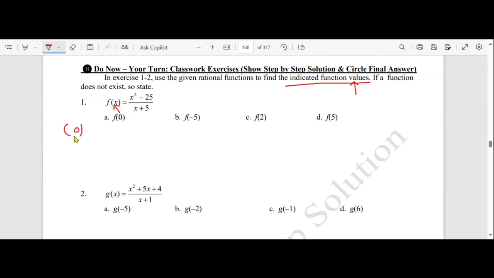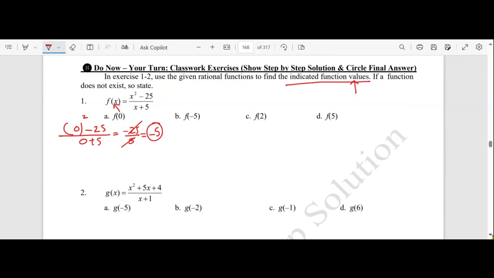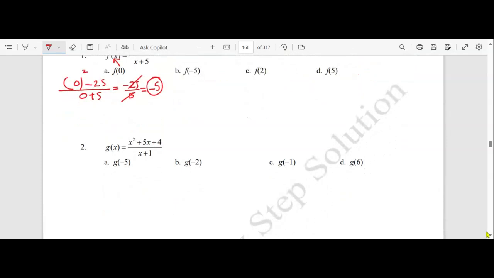So all you have to do is 0 squared minus 25 over 0 plus 5. That gives you negative 25 over 5, and you cancel and get minus 5. Easy as easy? Now it's your turn to do the remaining one. I'm sorry, I have to do the hard one because I need to help you.